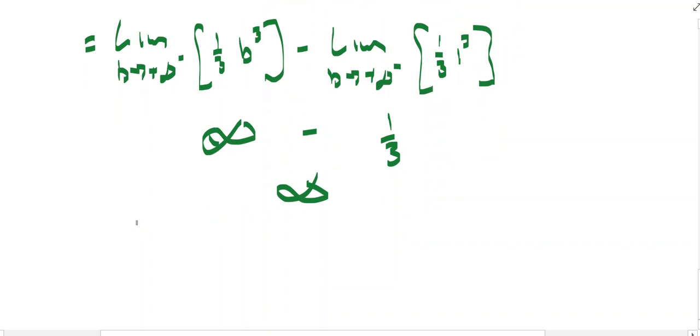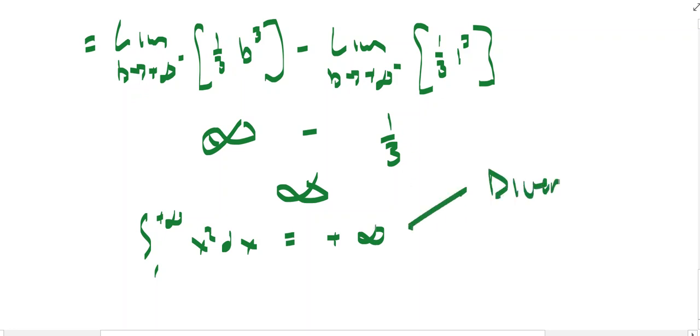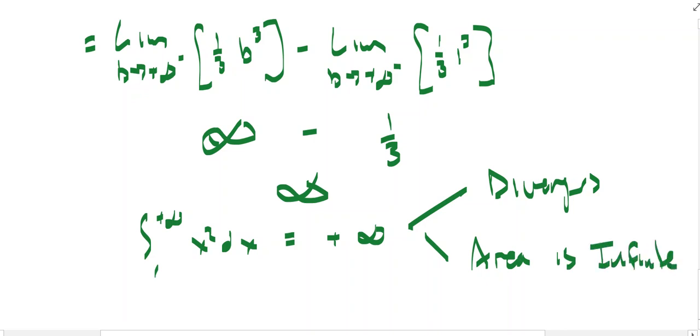Our integral from 1 to positive infinity of x squared dx is equal to positive infinity, which means that it diverges, and it also means that the area under the curve is infinite.